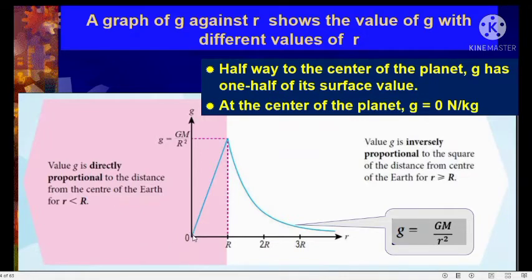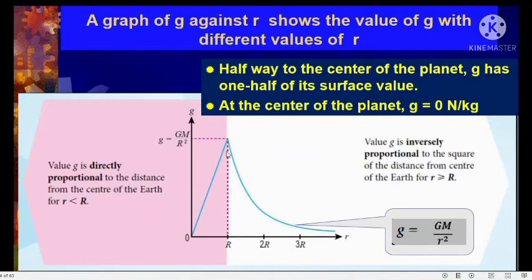From the center of the Earth to the surface of the Earth, the distance is called the radius of the Earth. So at the surface of the Earth, the gravitational acceleration will become g equals G M divided by R squared, because from the center of the Earth to the surface is capital R, which is the radius of the Earth.